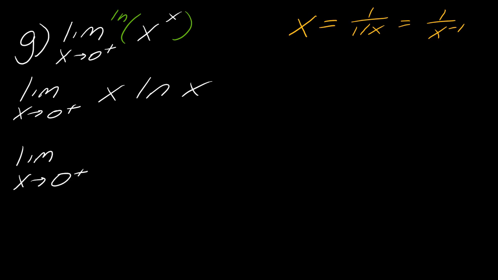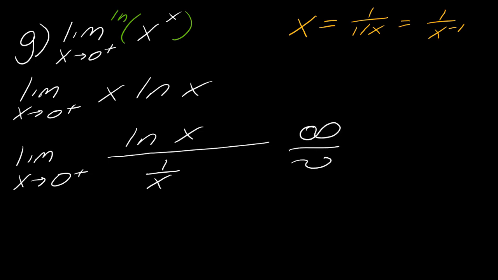With the limit as x approaches 0 on the right, I'm going to leave the natural log on top. And for right now, I want to think about this as 1 over x. Because if I think about what happens as x approaches 0 on the right, the natural log is still going to infinity, but now so is this little fraction. So I've actually turned this into the indeterminate form of infinity over infinity.